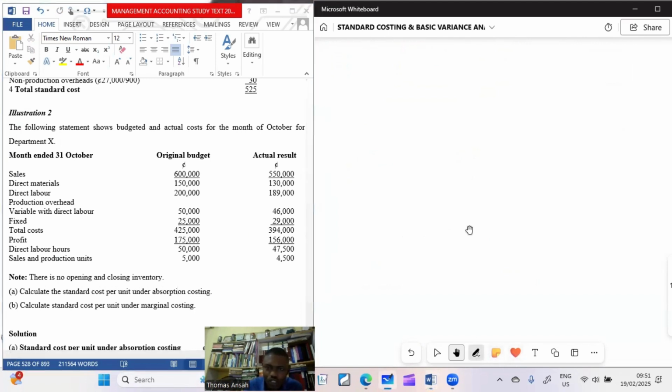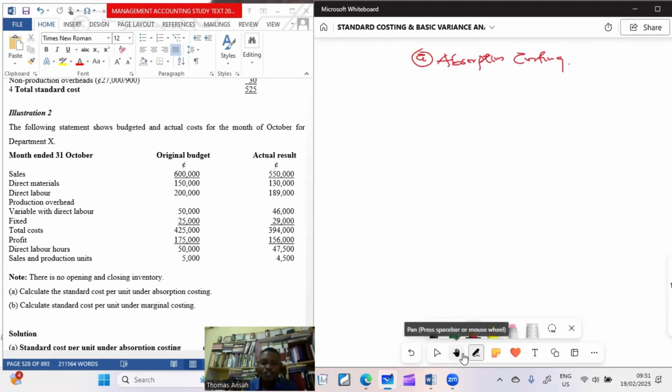So if you are doing absorption costing like what we did, you remember that in absorption costing, we will need our sales. So if you are doing the profit element of that, that is it. But let's do cost for now, operating statement. But it said calculate standard cost.